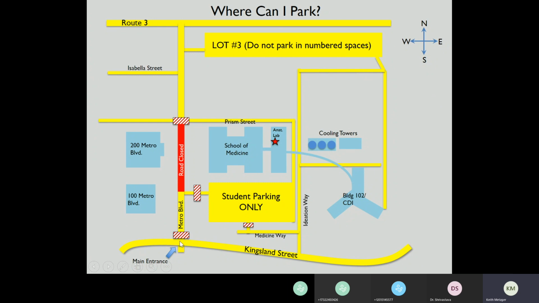Our main entrance has traditionally been right at this point between Metro Boulevard and Kingsland Street. They're doing a whole bunch of construction on this building right here, so there are some road closures. So in order to get to the lots that you're able to park in, you need to go down Kingsland Street, depending on which way you're coming from, and you're going to come to Ideation Way.